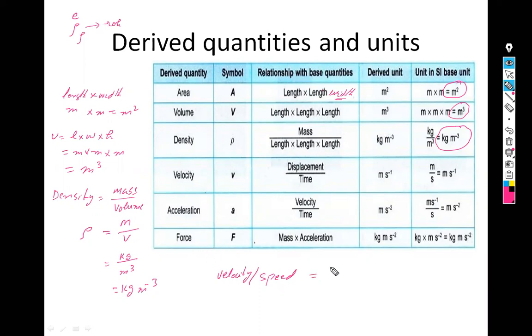Its equation is distance over time. Distance is measured in meters. It is the length, and time in seconds. Look at the meter per second. Meter per second is the unit for velocity or speed.